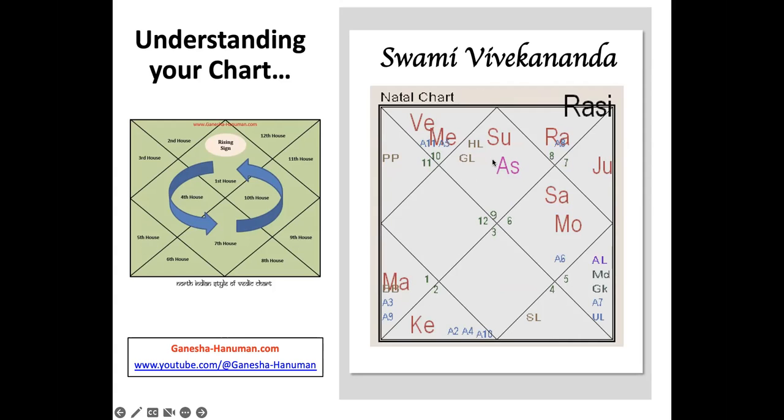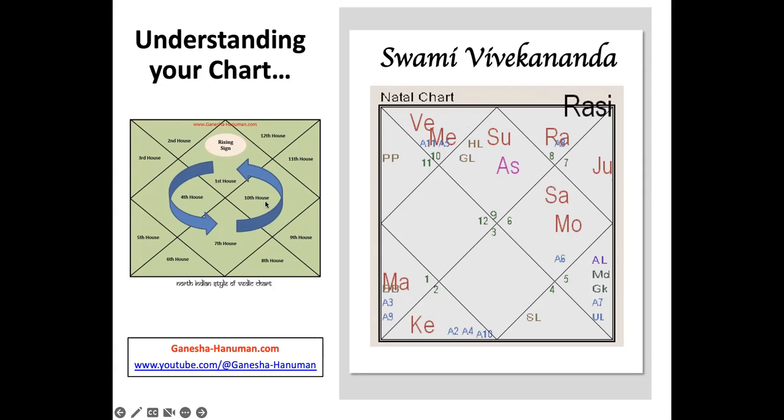So you'll say the first house, which is this box, in Swami Vivekananda's chart is Sagittarius, and Sun is placed in the first house. Second house in Vivekananda's chart is Capricorn, number 10 sign. So you'll say the second house is Capricorn, and Venus and Mercury are placed in the second house.